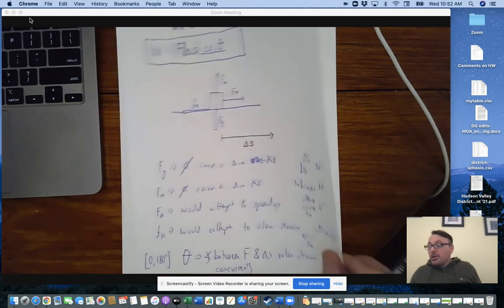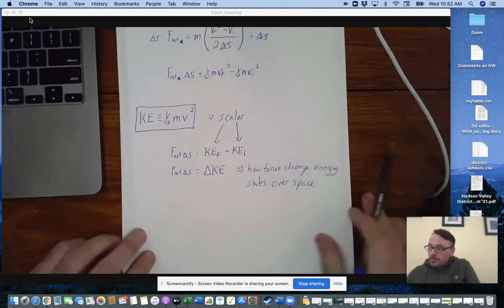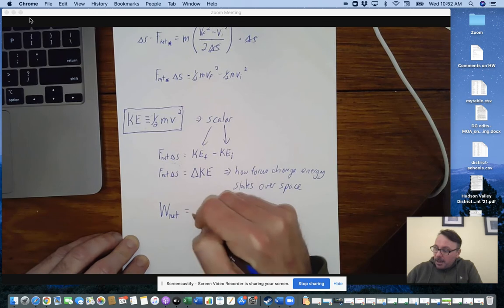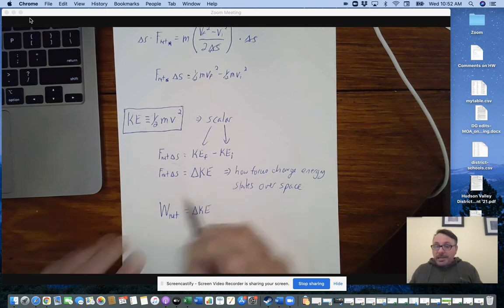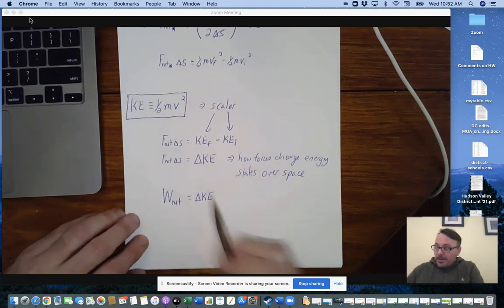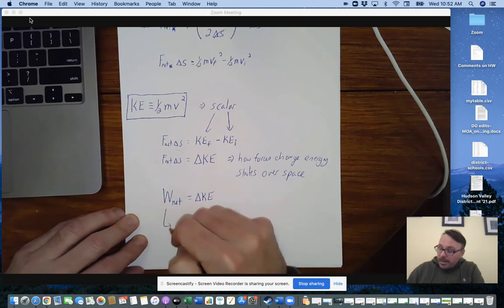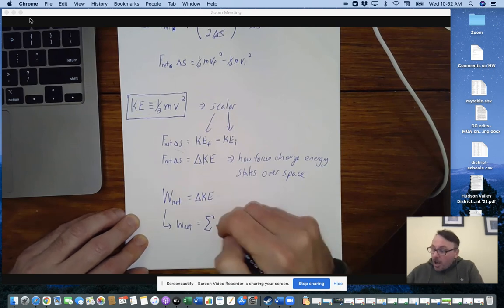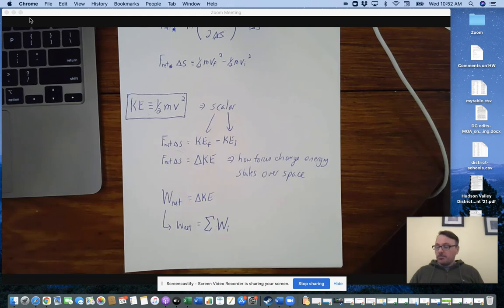So then to finish off, here on the left side, this is going to become net work. And I don't need to find the net force anymore to find the net work, because net work is just going to be simply equal to the sum, fancy symbol for sum, of all the individual works done by all the forces, right?